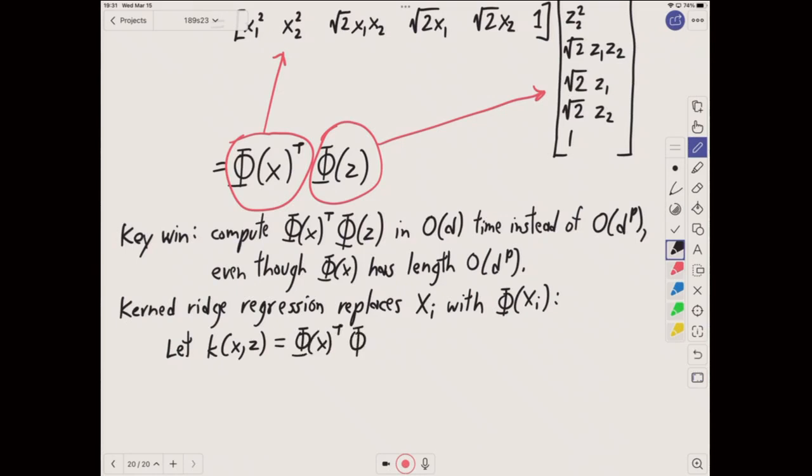So now instead of the kernel function being x transpose z, now it's phi of x transpose phi of z.